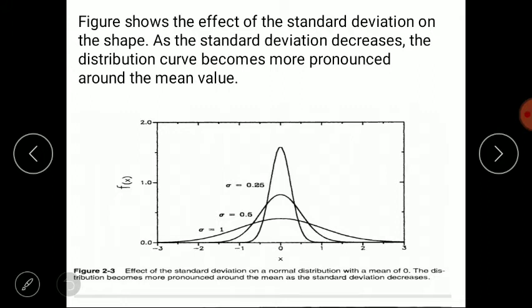As the standard deviation decreases, the distribution curve becomes more pronounced around the mean value. At 0.25 the peak at the mean is highest; at 0.5 it is lower; and at 1 it is lower again. This is how the plots are plotted and the data is analyzed.